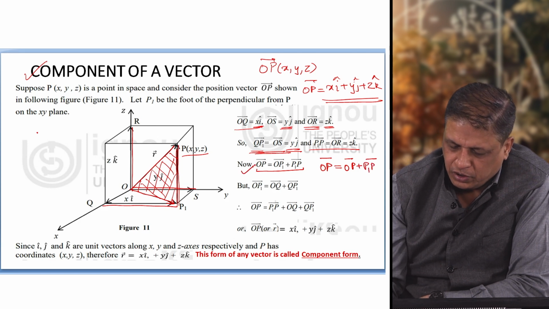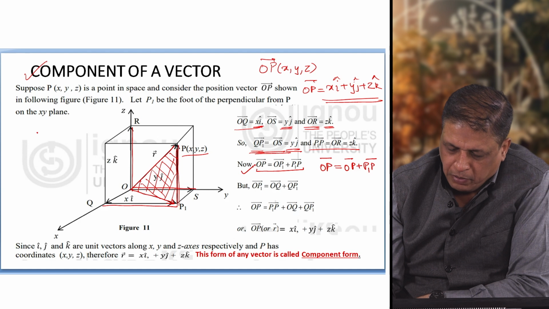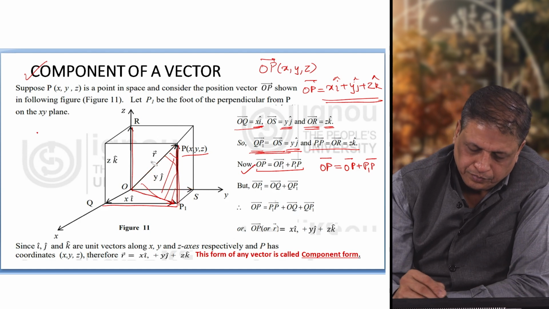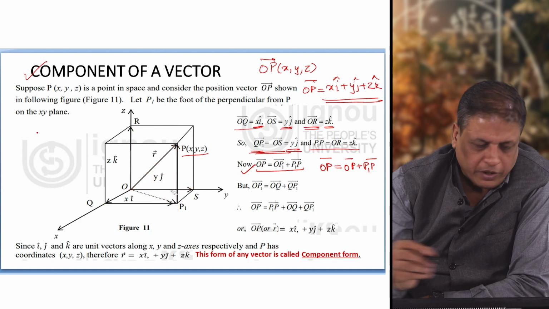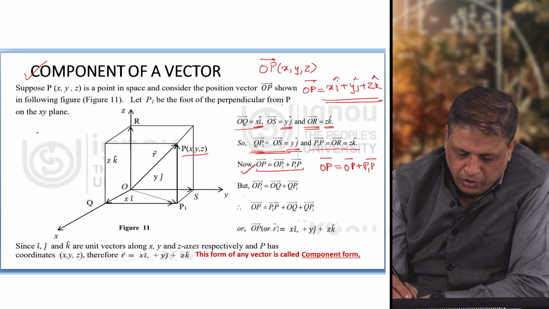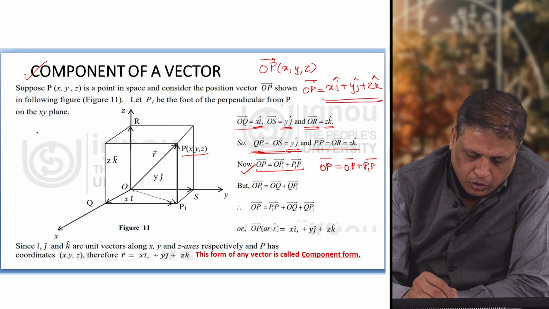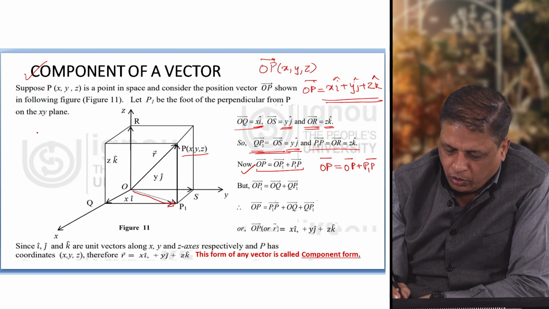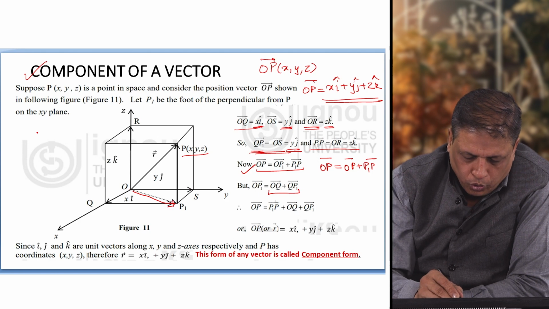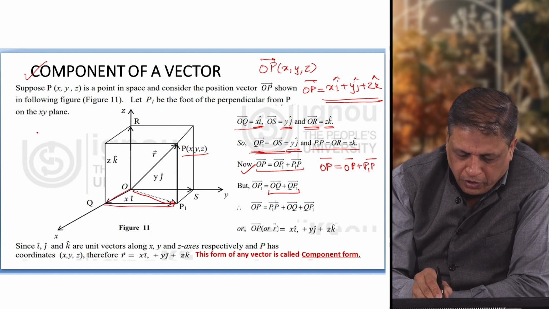But we can always see that OP1, which is this dotted line, is also equal to OQ plus QP1.